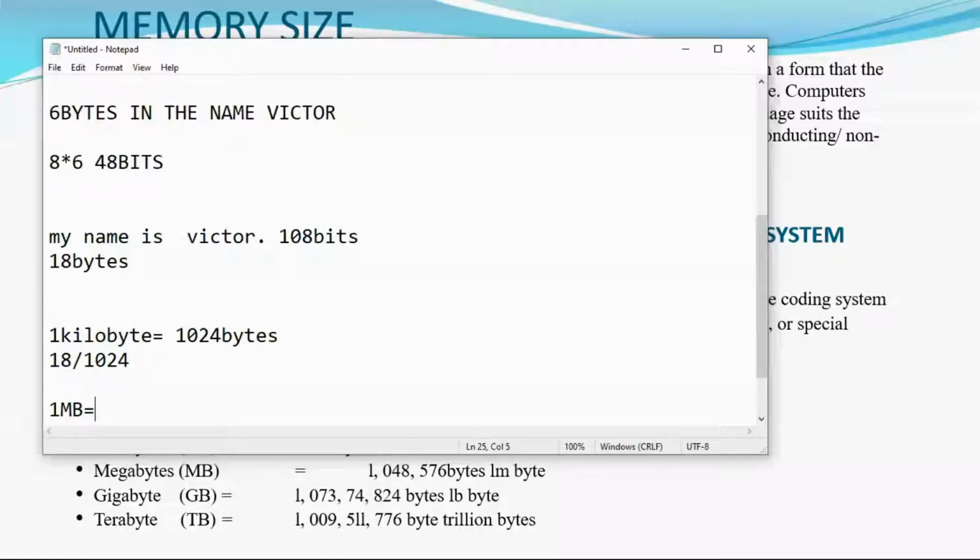So 1 megabyte is 1,024 kilobytes. Then if we want to convert these megabytes to bytes, we know that in 1 kilobyte we have 1,024 bytes. What about in 1,024 kilobytes? We shall have this times the number of bytes, okay, to find the number of bytes in a megabyte.